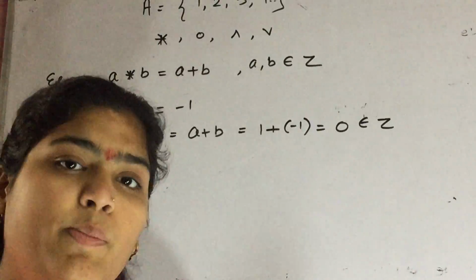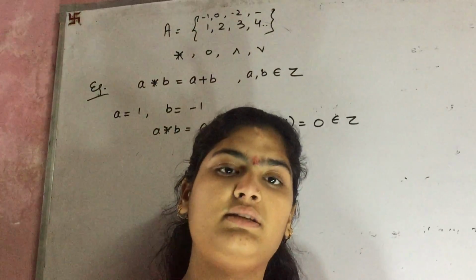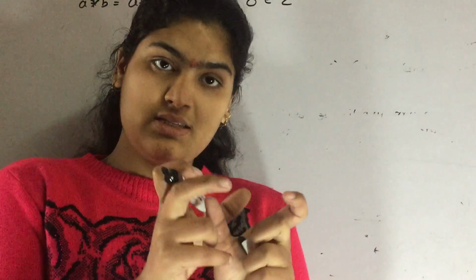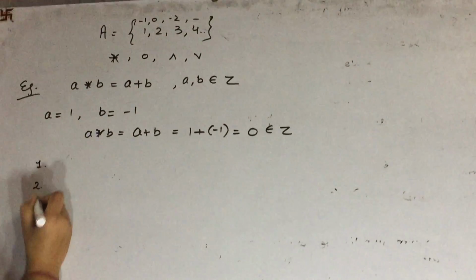Now, a binary operation should comprise 5 properties on which we can categorize different types of groups. We will discuss these in our next video, but for now we will go through those 5 properties. What are they?